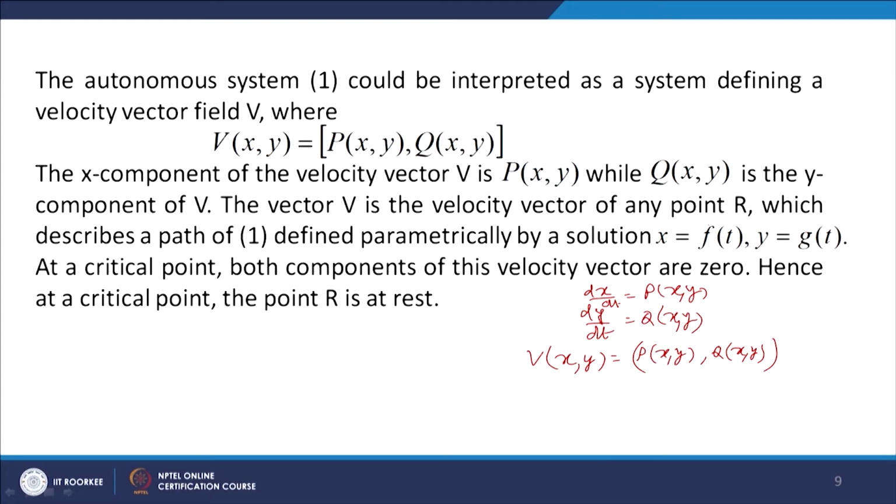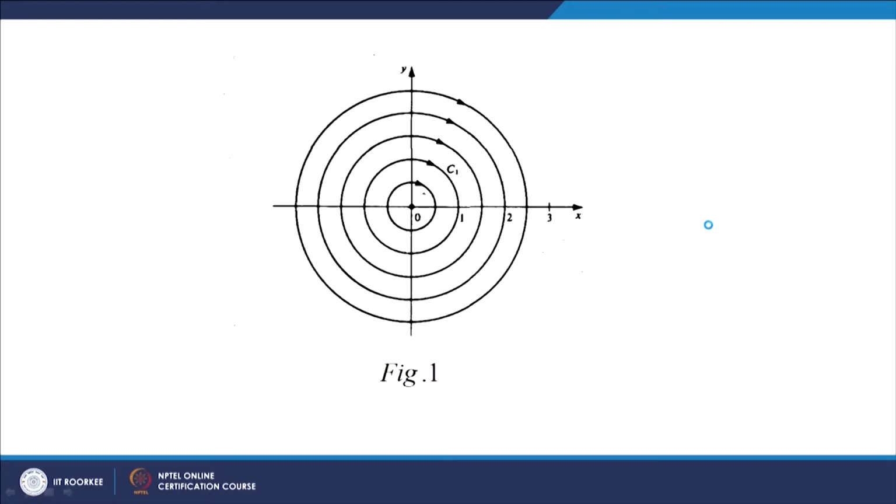So then V is the velocity vector. Say for example you take this, you can take any point R on this, where x is equal to f(t), y equal to g(t). Then this is the velocity vector. So V is the velocity vector.